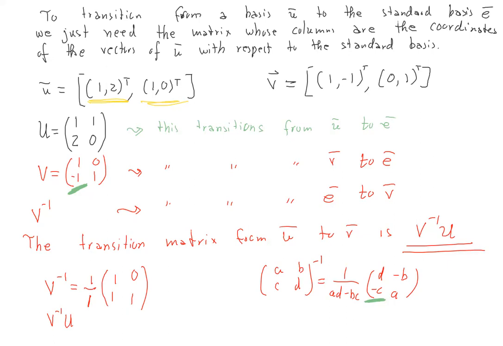So if you want to find V to the -1 times U, then that is going to be (1, 0), (1, 1) times (1, 2), (1, 0). And this will give you 1 here, 1 here, 3 here, and 1 here. And that's your transition matrix.